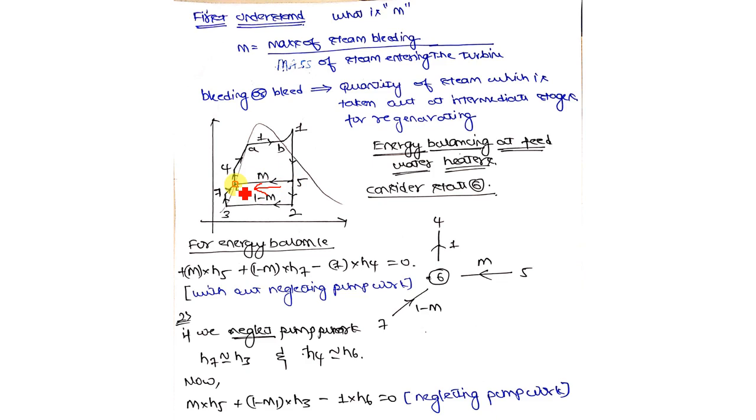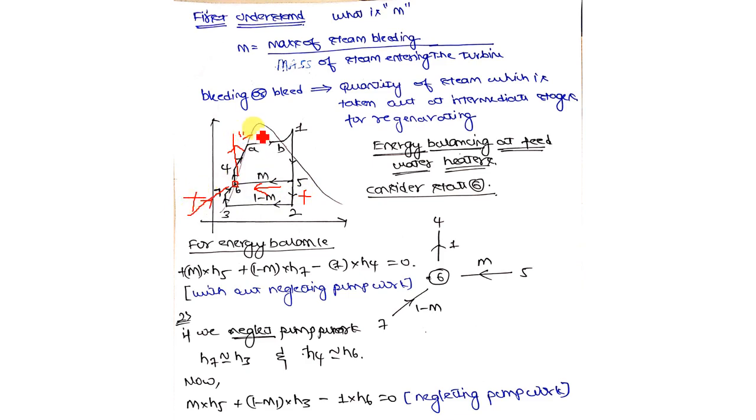Now 7 to 6 is also incoming, so it is taken as positive. From 4 to 6, it is outgoing, so it is taken as negative. Whatever is incoming is taken as positive.